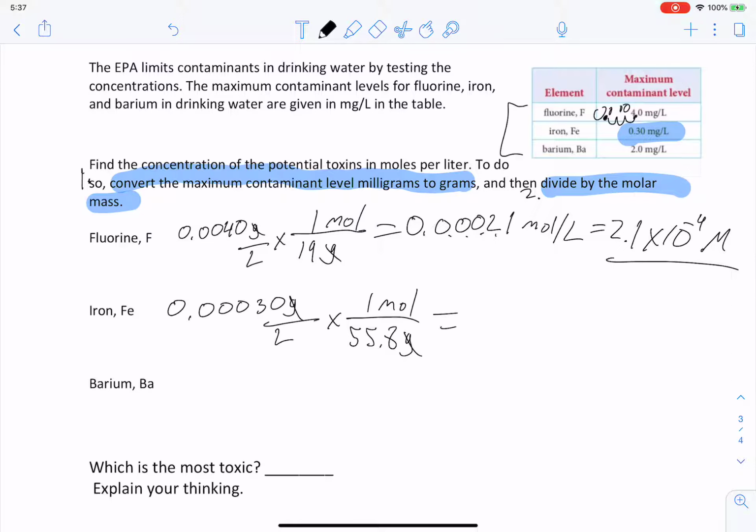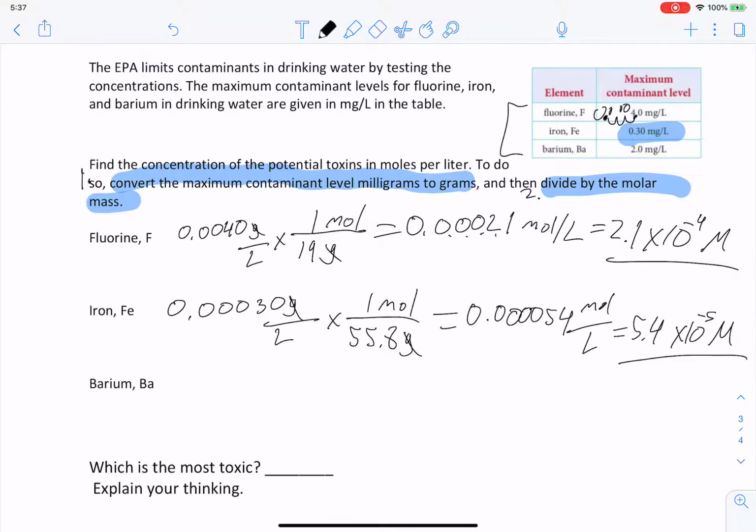And for that, we get, I'll write them both, 0.000054 moles per liter, which is the same number as, in scientific notation, 5.4 times 10 to the negative 5 molarity.